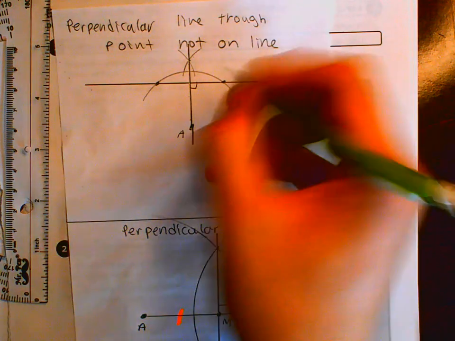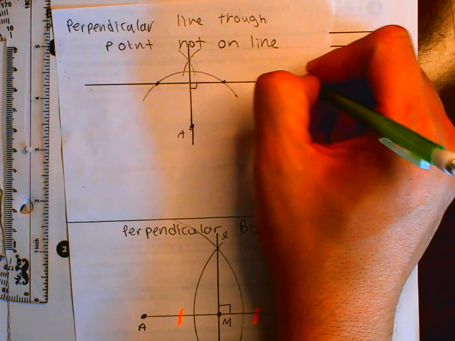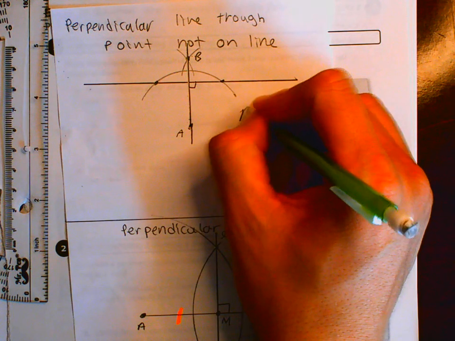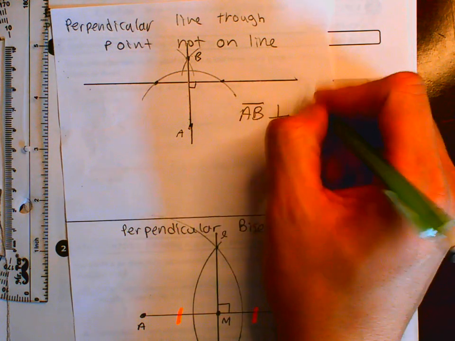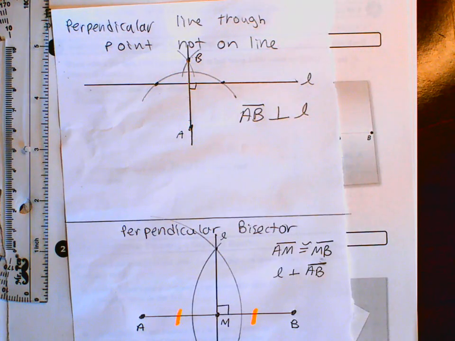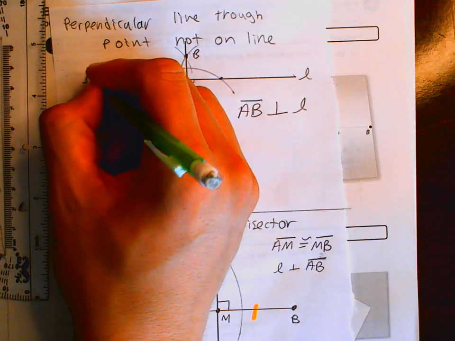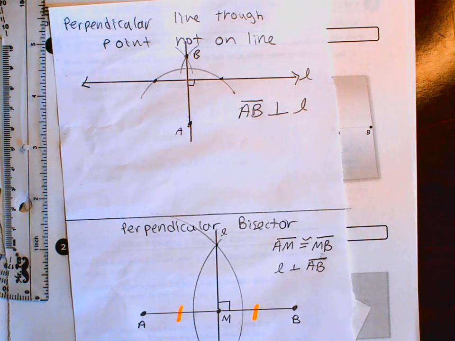I'm going to call this point B. So here, line AB is perpendicular to the line, which I'll call it up. Now, this point isn't necessarily midway between these two, because remember, this is an infinite line. So this is the perpendicular line through a point not on the line.